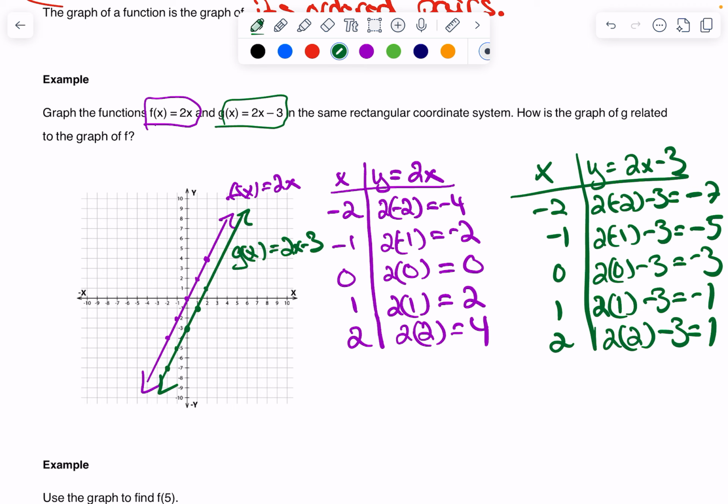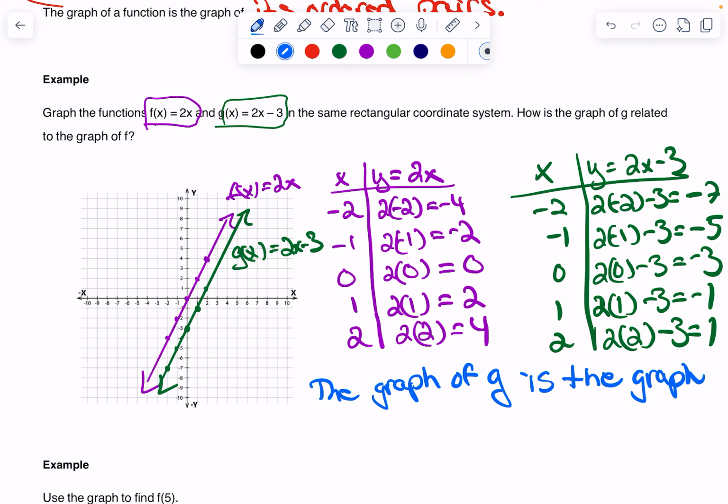If we look at the graph of g, we can see that they're both parallel, right? They're never going to touch each other. So the graph of g is the graph of f, but it is shifted down 3 units. So that's the -3 right here. That shifts it down.